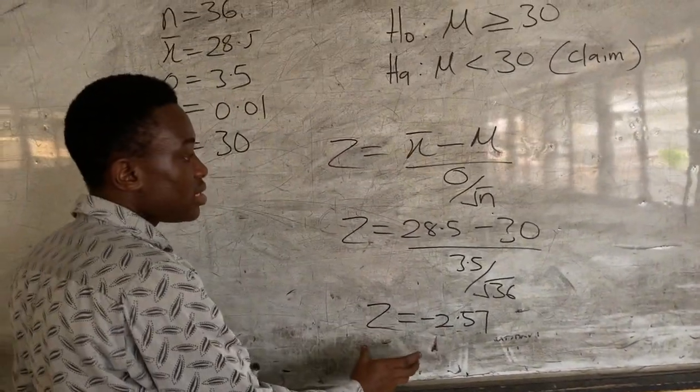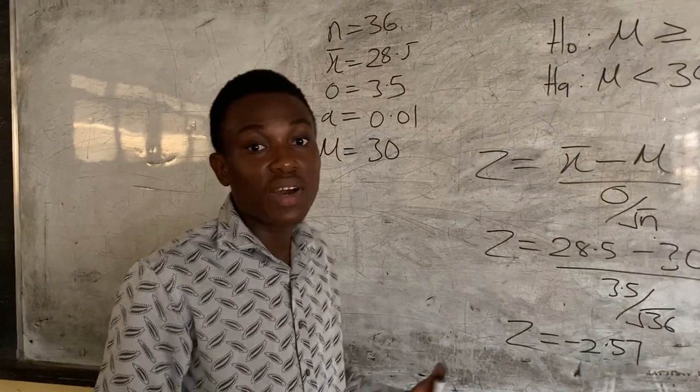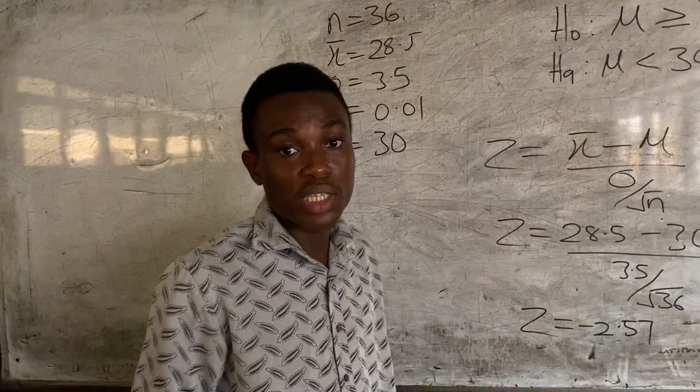So now that we have our z, we'll try to find our p-value and then state our decision rule.